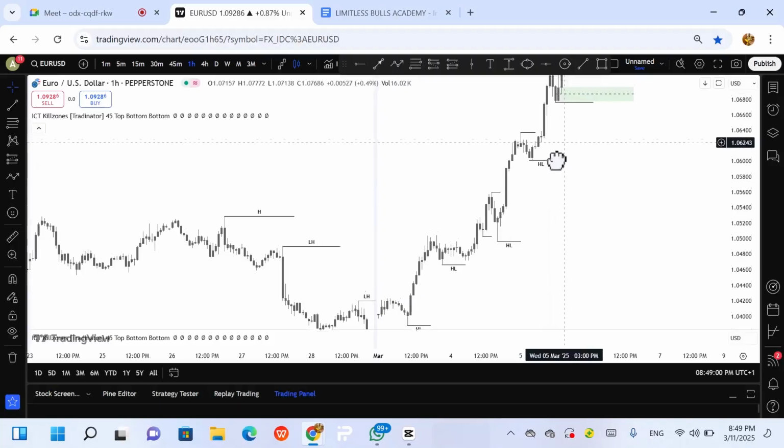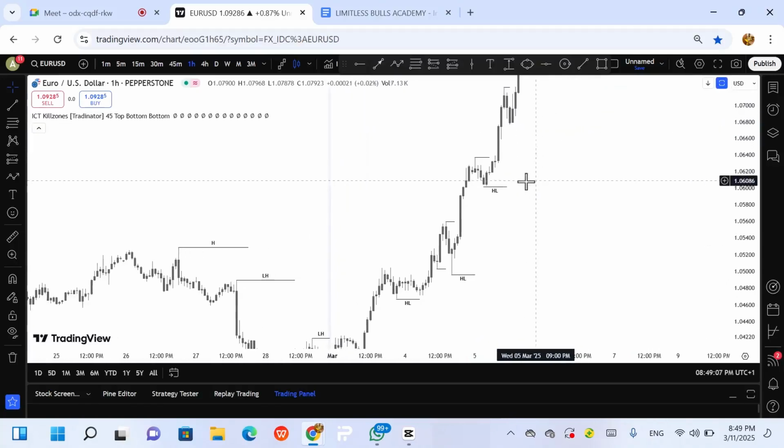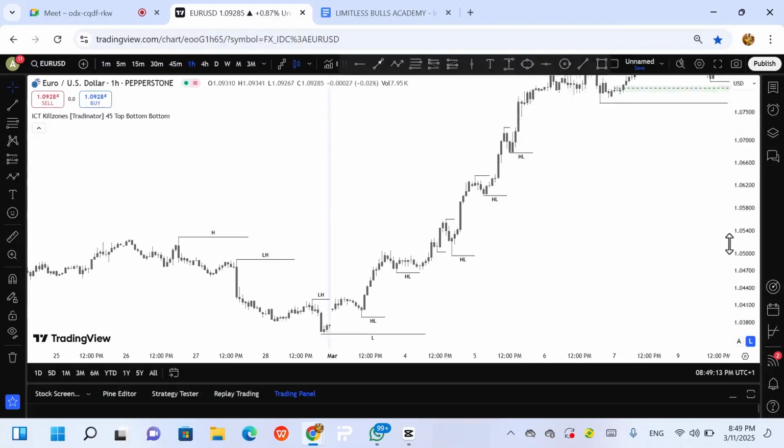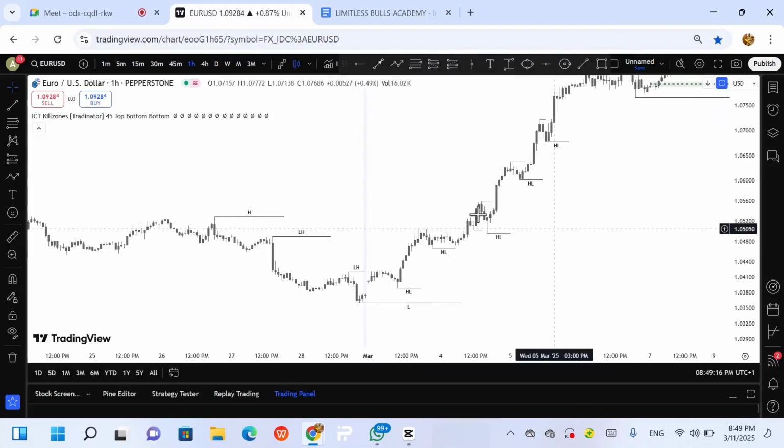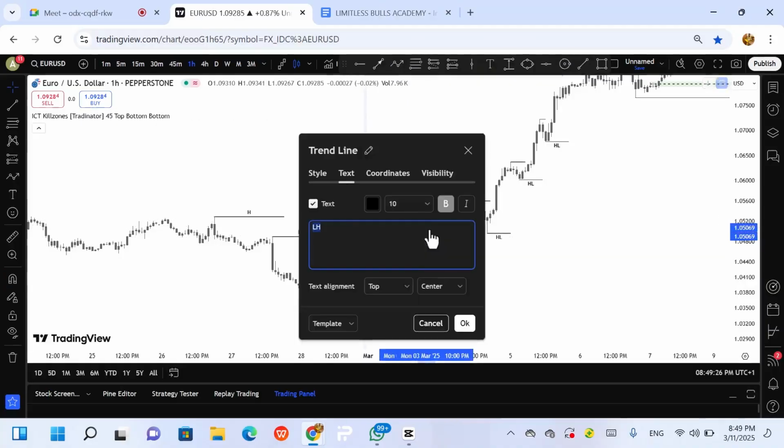This is a higher low. This is a higher low. Hope we can all see this now. So what is this now? Here is a higher low. I mean, it's a higher high, sorry.